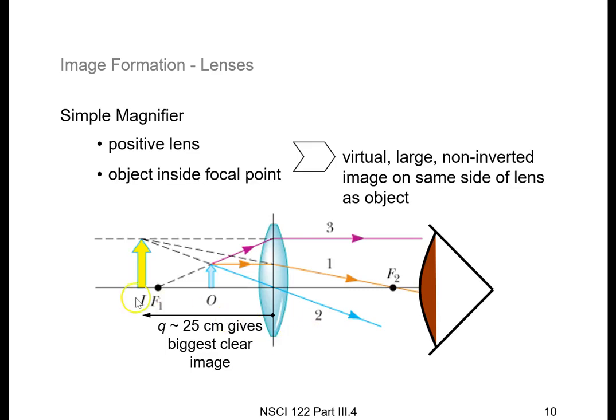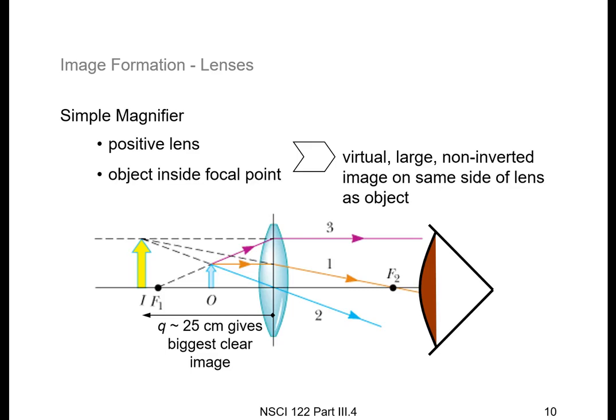So if you form this virtual image with your simple magnifier so that it's about 25 centimeters from the lens, that's usually taken to be the best place to form the image, because that'll give you the biggest possible image, but it won't be blurry. It won't be hard to focus on.